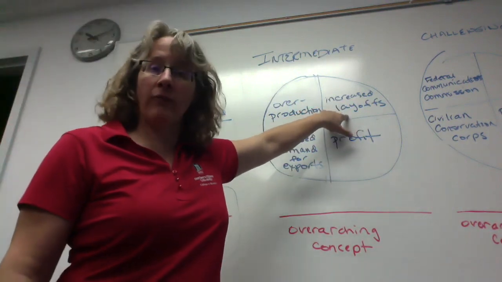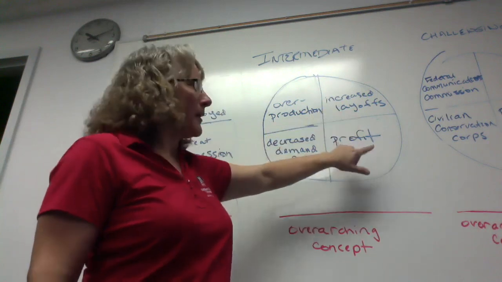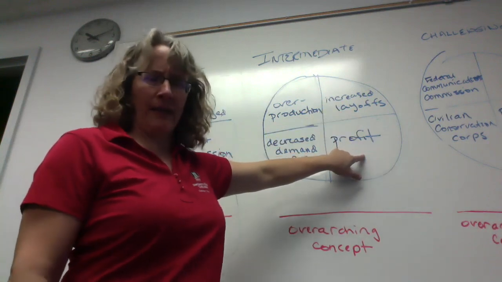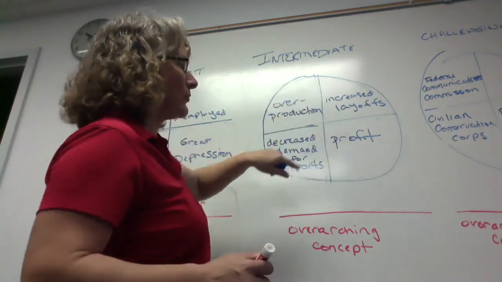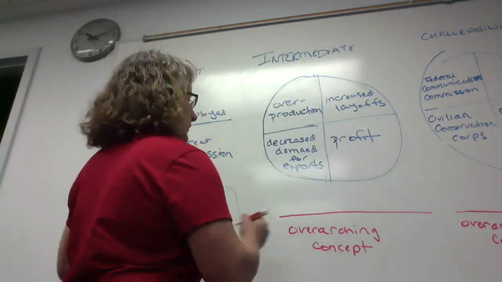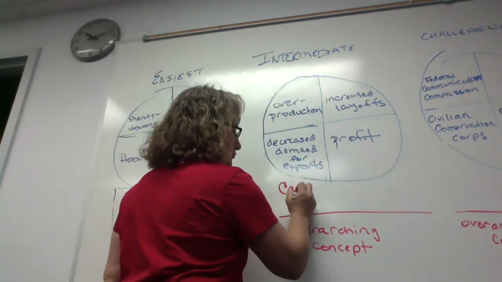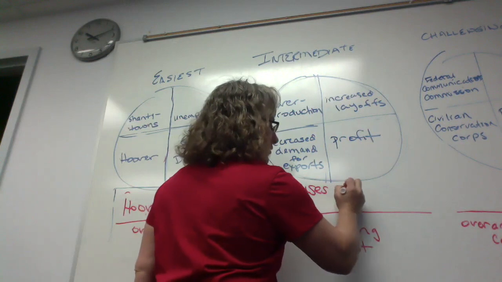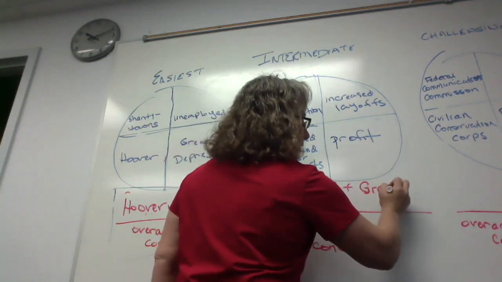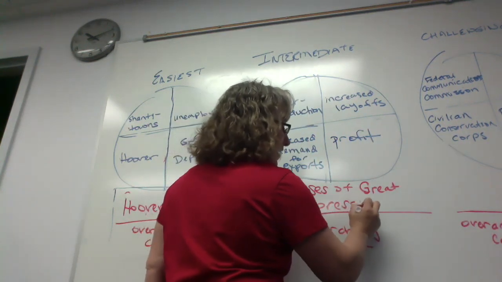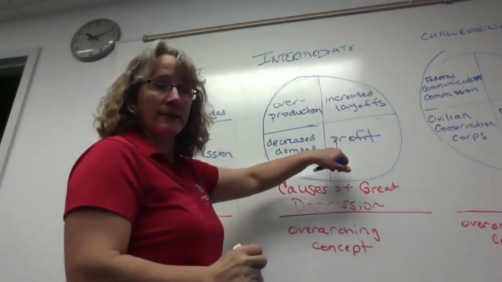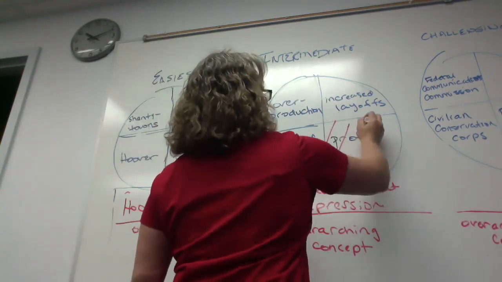So as a result, we have increased layoffs, which doesn't connect to profit. So in this case, our overarching concept, the three that go together, is causes of the Great Depression. And the one that doesn't fit is profit.